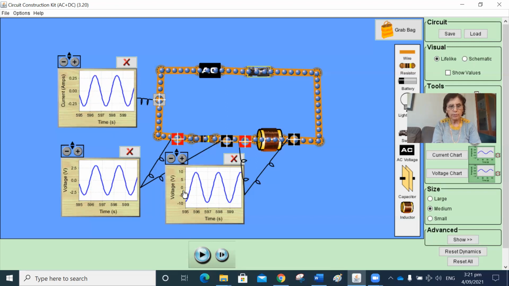And if we now compare the voltage across the resistor and the voltage across the inductor, this one is zero, but this one had passed a zero value a little bit earlier. And if we look at this time from here to there, that is a quarter of a cycle or 90 degrees. In other words, we say that the voltage across the inductor is 90 degrees ahead of the voltage across the resistor or the current. Let's look at some notes now.